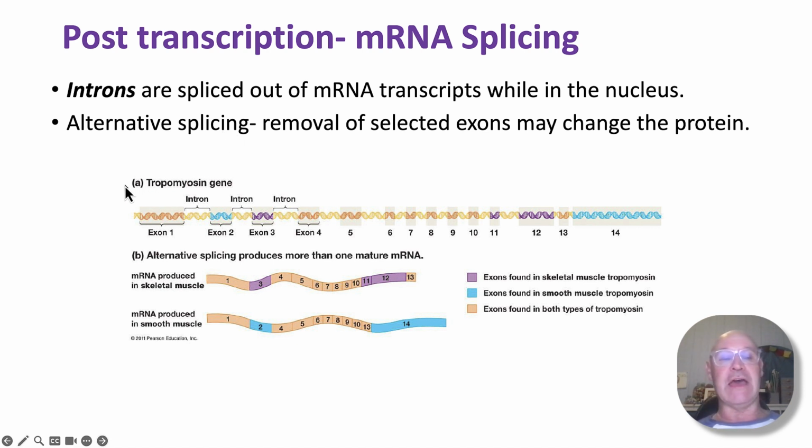So the same mRNA copy of the gene can be modified to end up producing a different protein. And a great example of that is the difference between skeletal muscle and smooth muscle. They're both types of muscle, but obviously they're quite different structurally, but the same gene codes for them, and we actually have post-transcription modification.